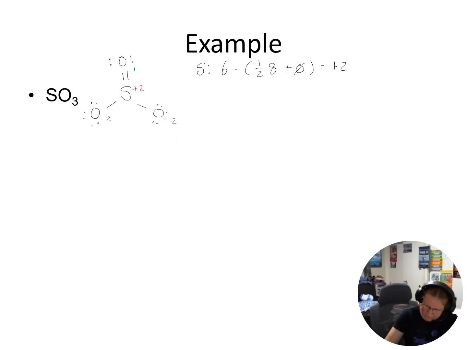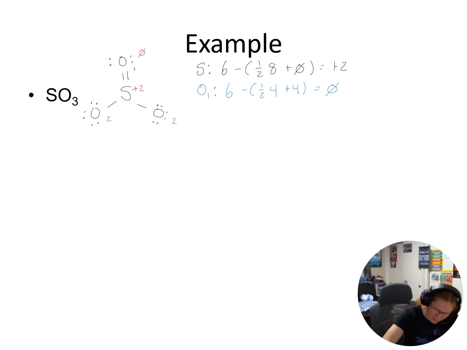All right, let's look at oxygen 1. Also has 6 valence electrons. 1/2 of 4 plus 4 gives me 0. That's why oxygen prefers 2 bonds and 2 lone pairs, it gets a formal charge of 0.